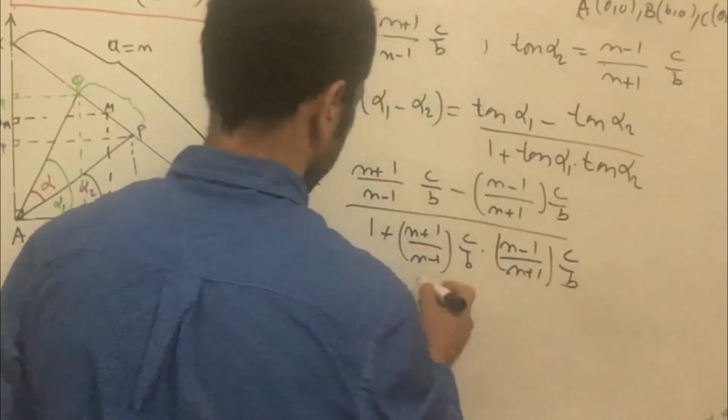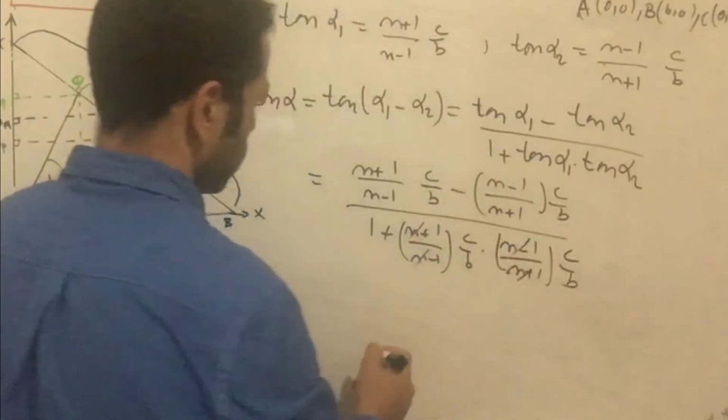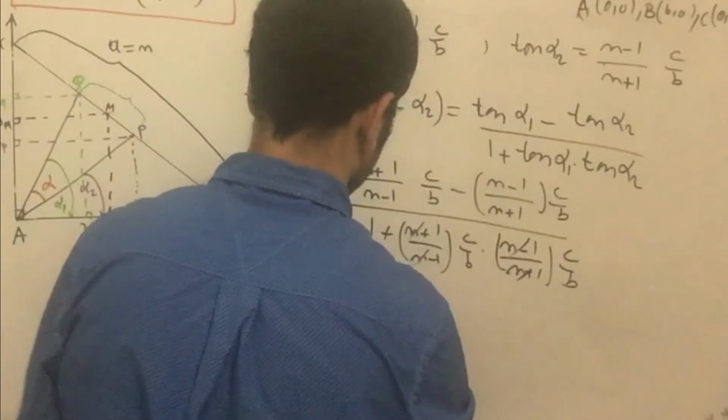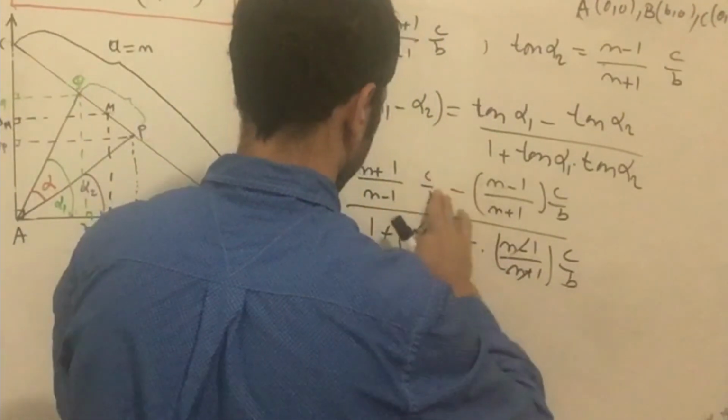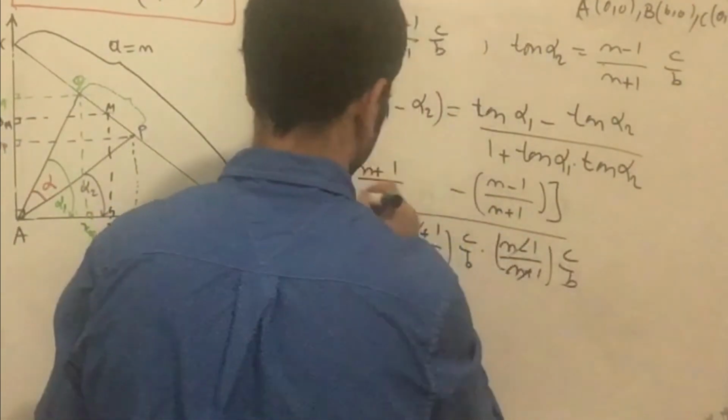So this one you will simplify by this one. Let's put c over b as a multiplier.